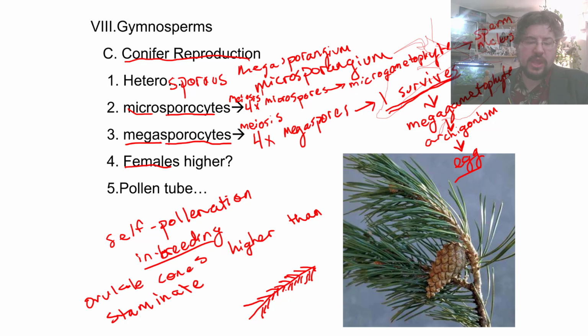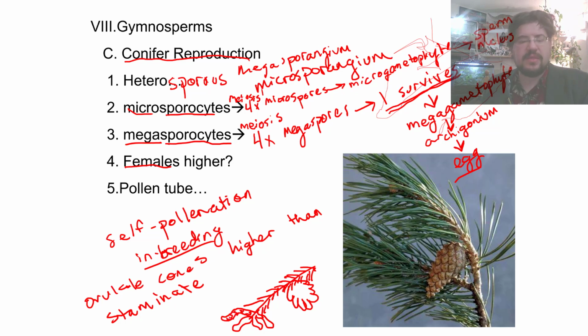If you look at a branch, a little deeper onto the branch is where you'll find the ovulate cone. And then it's at the tips of the branches where you find these sort of oblong, paper-like small staminate cones. They have sort of an interesting appearance.